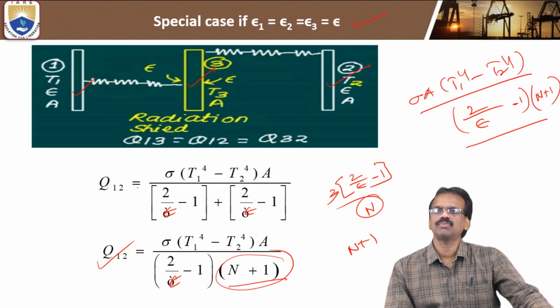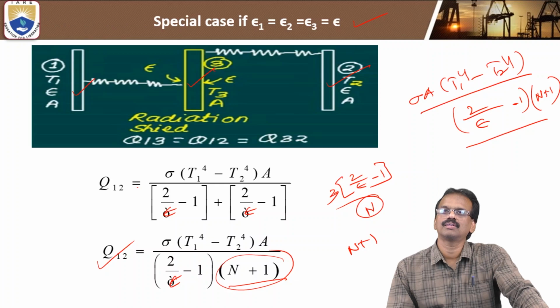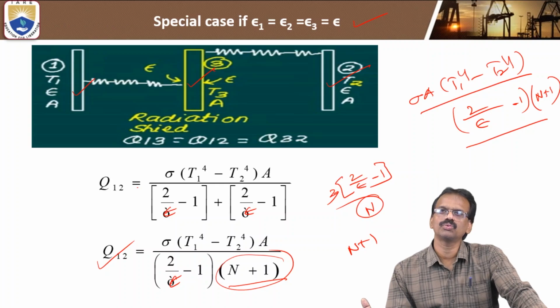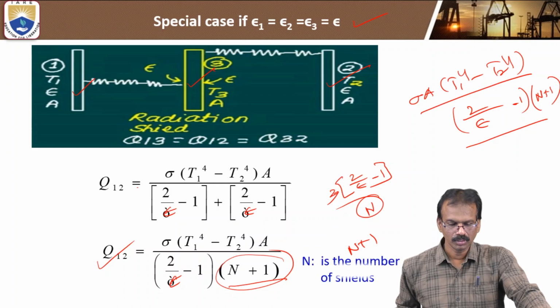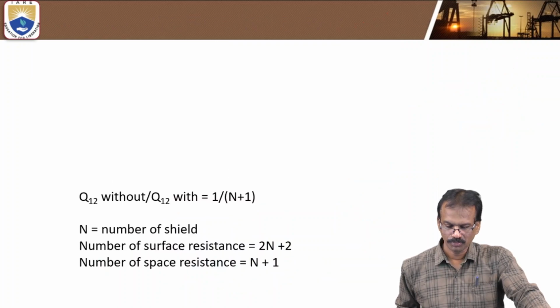Based upon this formula, we can solve for the rate of heat transfer between two surfaces when shields are placed in between those surfaces. Here n is the number of shields.